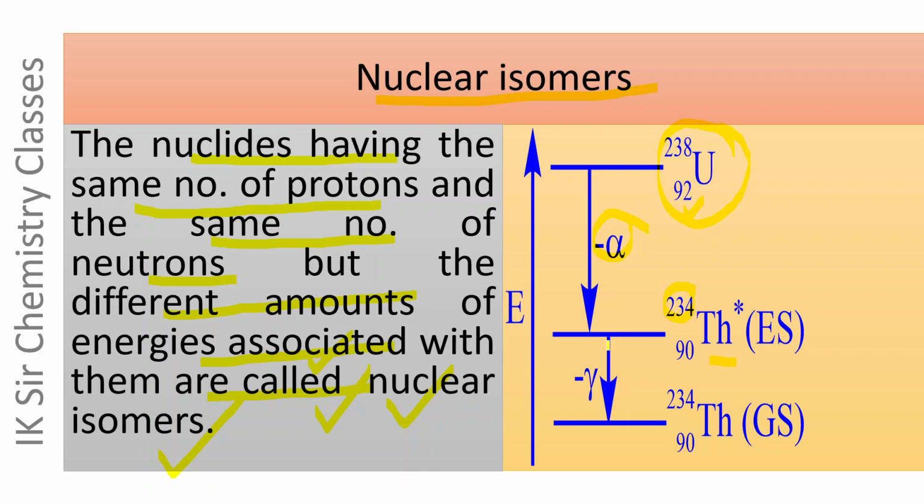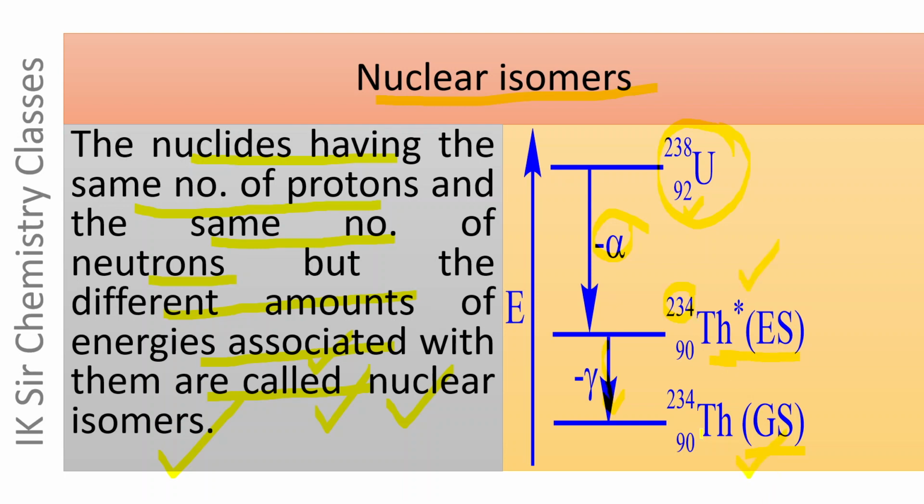It emits excess energy in the form of gamma ray and forms the nucleus of thorium 234 having minimum energy. It is the ground state of thorium 234 nucleus, while the other is the excited state of thorium 234 nucleus. It has higher energy, it has lower energy.